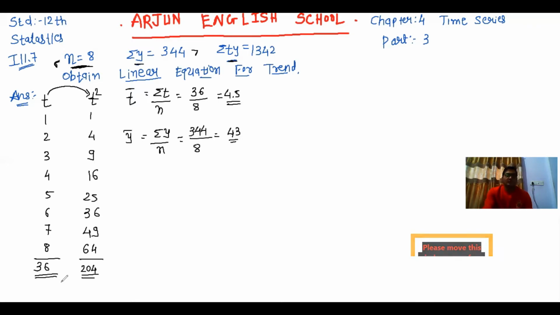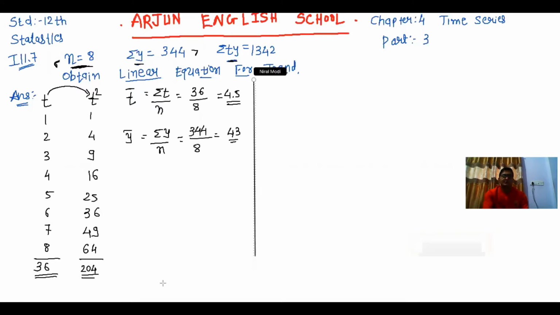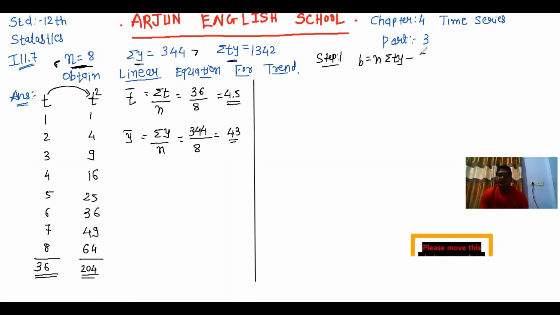Now we have to put the formula for b. Step number 1: b is equal to n sigma ty minus sigma t into sigma y, divided by n sigma t square minus sigma t whole square.